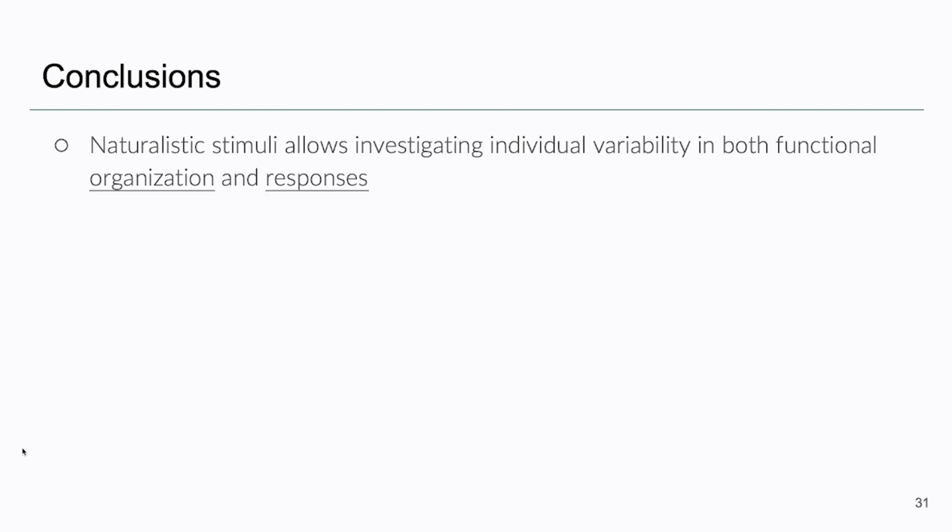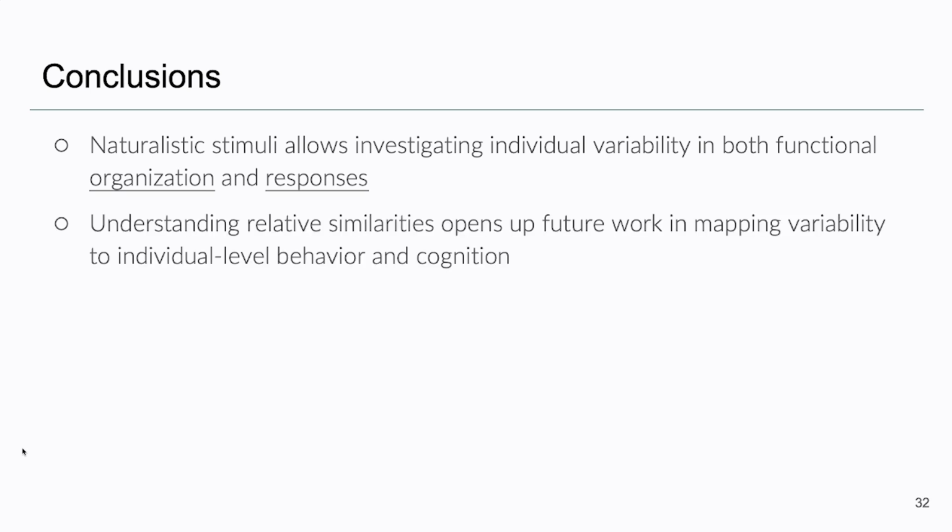But overall, what we have shown is that naturalistic stimuli are a really powerful framework for investigating individual variability in both functional organization and in responses, but that it requires really careful computational modeling to maximize the benefits of this kind of stimuli. And by understanding the relative similarities through these different methods, we hope we'll be able to open up future work in mapping different kinds of variability to individual level behavior and cognition.